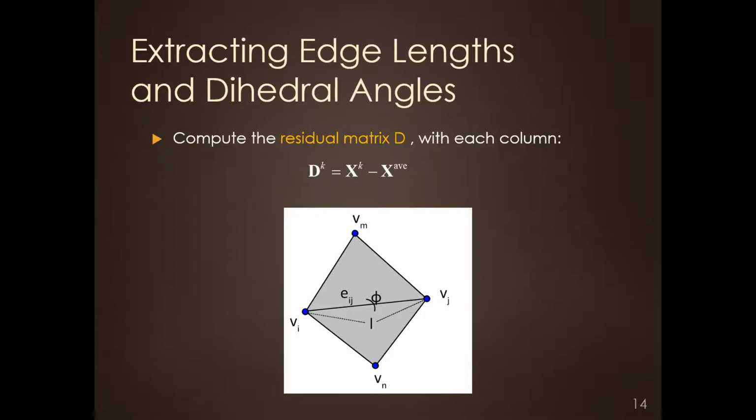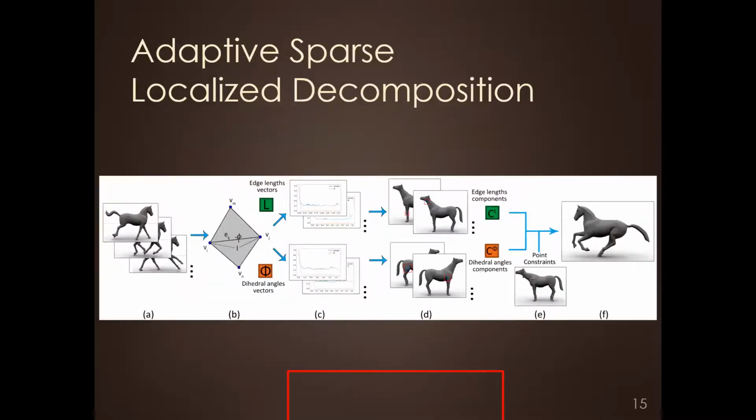And we then compute the residual matrix D by subtracting the average of columns of X from each column of X.